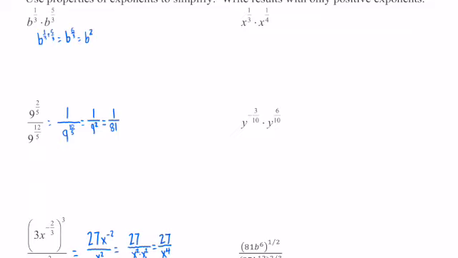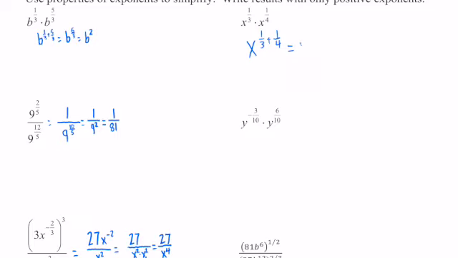For x to the 1/3 times x to the 1/4, we need to add our exponents. So we'll have x raised to the 1/3 plus 1/4. Now we need to get a common denominator to be able to add our fractions. A common denominator for 3 and 4 would be 12.